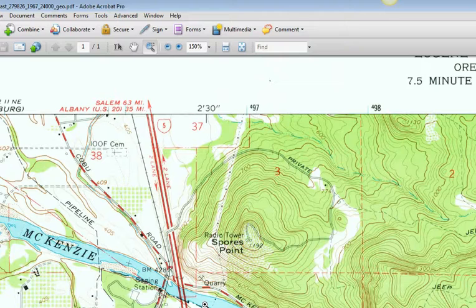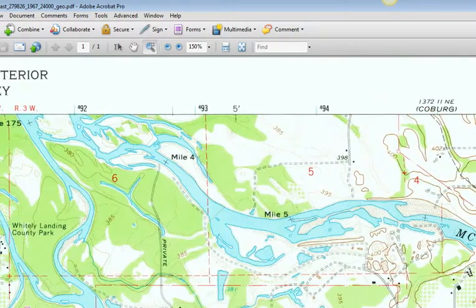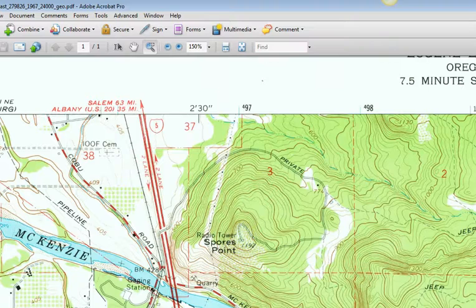If I wanted to identify the quarter section, I could mentally divide this in half, east-west, and divide it in half north-south, and Spores Point would be in the southwest 1/4, section 3, Township 17 South, range 3 west. So that would be the identification.